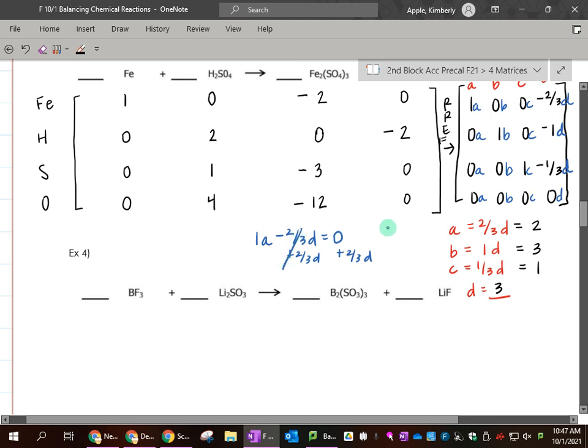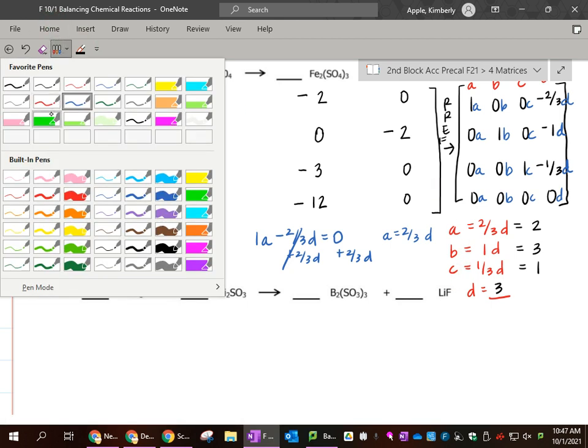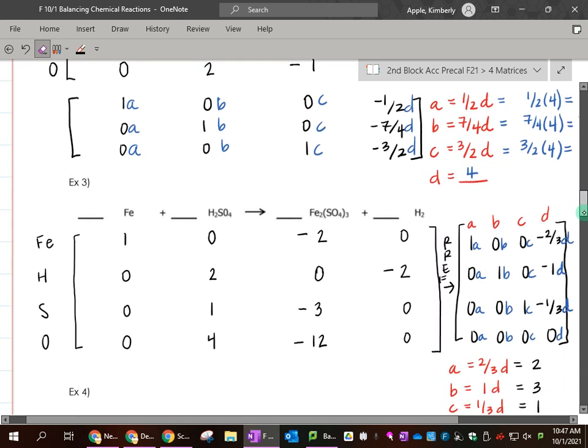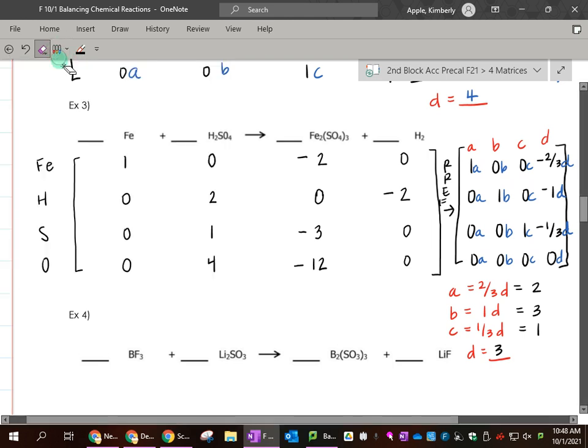So this goes away and you're left with A equals 2/3 D. So what I'm doing is I'm writing this equation. All right, so there you go. Coefficients 2, 3, 1, 3. And that's it. You can balance any equation like that.